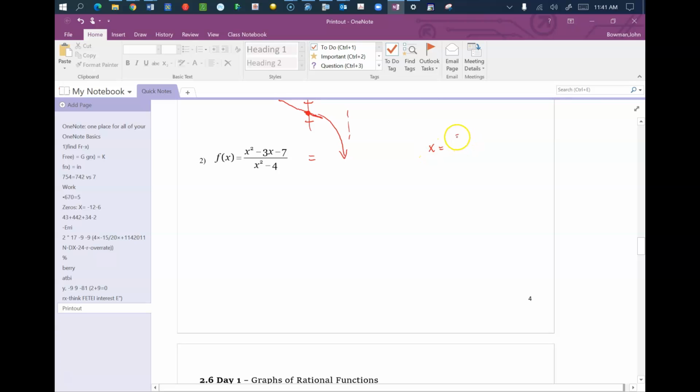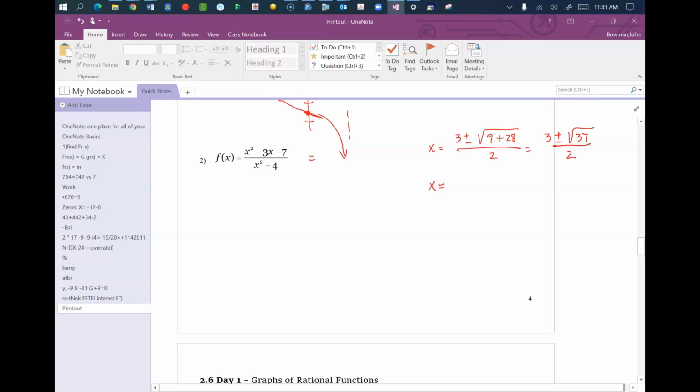x is equal to 3 plus or minus the square root of 3 squared, which is 9, minus 4ac, or plus 28, all divided by 2, which simplifies to 3 plus or minus the square root of 37 divided by 2. Now, we're going to want to graph this thing eventually, so we're going to have to estimate what these x-intercepts are.